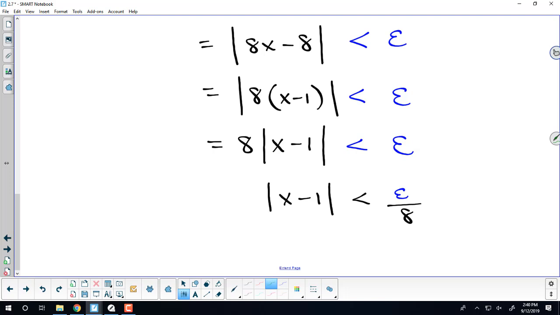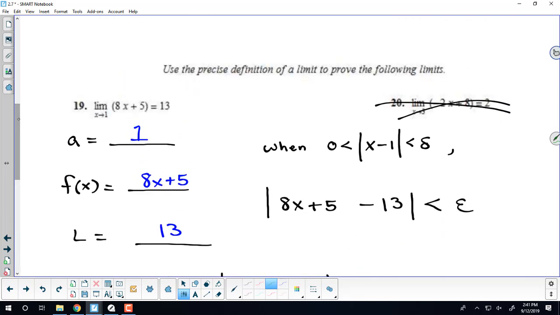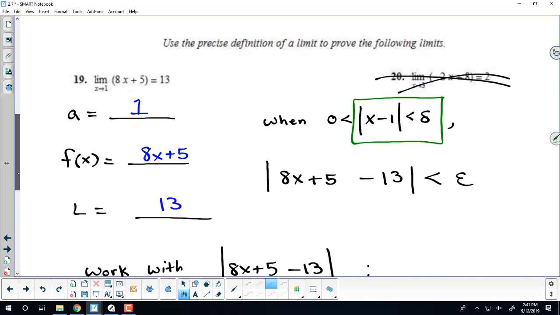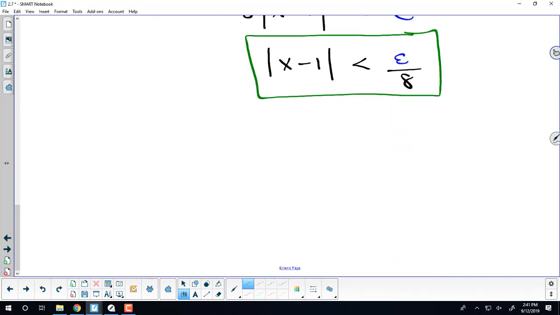Everyone agrees with that? Remember, we have to find the delta. So we're going to take that and say, well, it certainly looks a whole lot like this statement. This is our statement for x based on the definition.